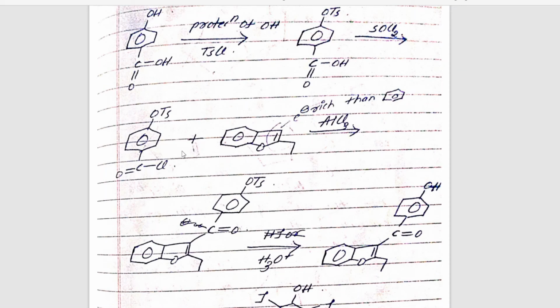Since Cl has gone out as Cl minus, this carbon will have a plus charge, because it will have only three bonds, but it needs four, right? Its valency is four. So since this part is highly electron rich, the C double bond O part will come and attach here rather than getting attached anywhere around this benzene ring. That is the reason. So here we are using AlCl3 just as a catalyst. This part comes and gets attached over here.